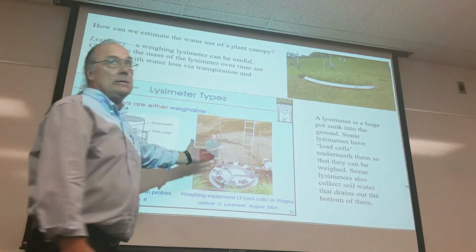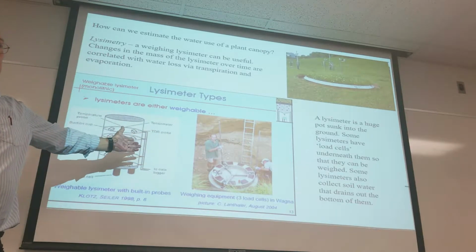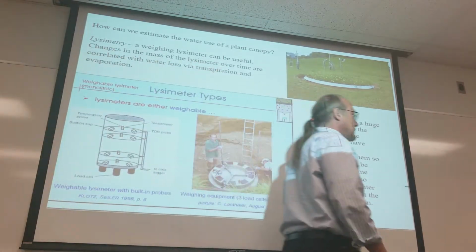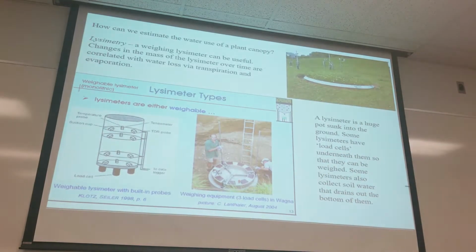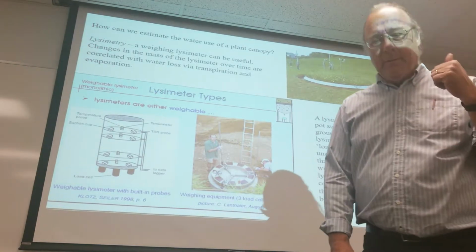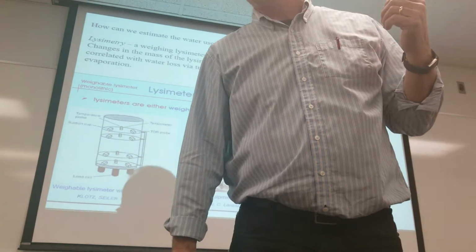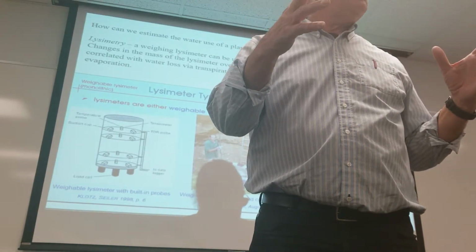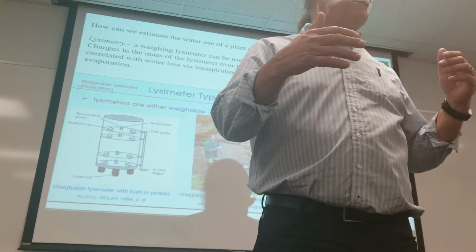But there are advantages and disadvantages for each of these techniques. Lysimeters have their place and they're used. They've got some, I don't know if they call them lysimeters, but up at NREC now, near Mead, in the horticulture area, there are some of these.